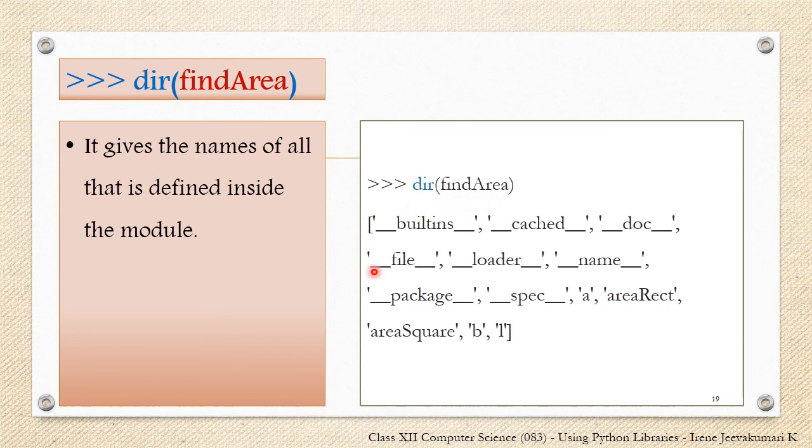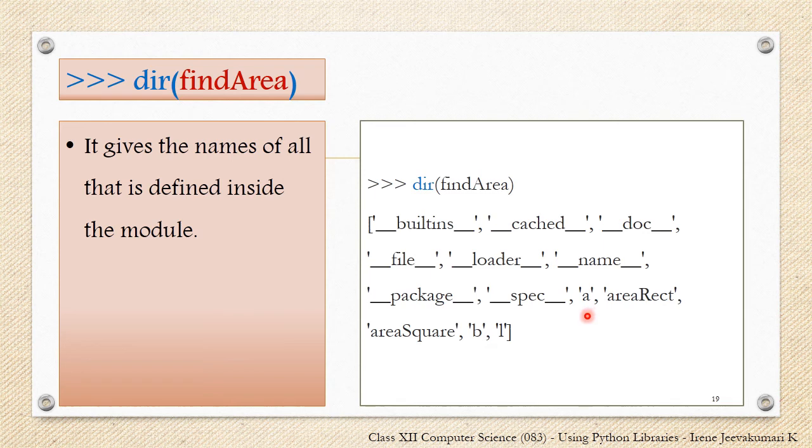Now let us consider this result. In the given result, the names which begin with double underscore and end with double underscore are built-in names. These names are created by Python, and the other names are user defined names.